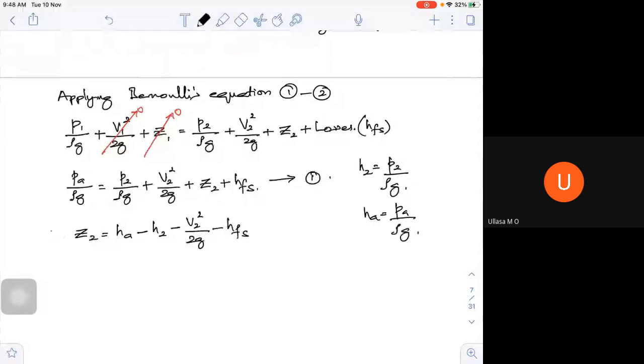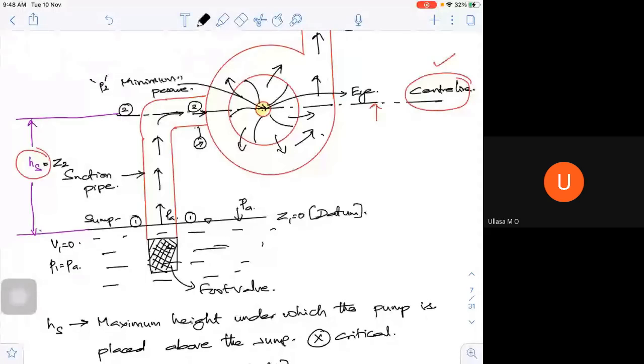I'm calling that expression number 2. Now this is critical: Z2 is your maximum suction lift, or HS.